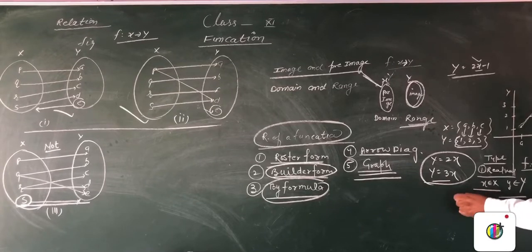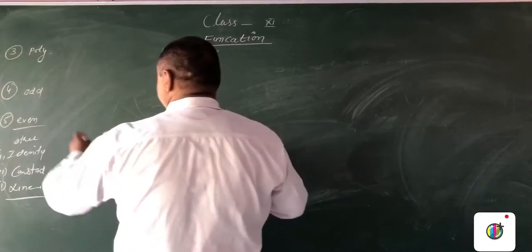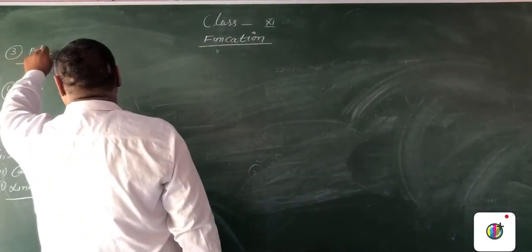Now second is the rational function. A function is said to be a rational function if it can be written in the form of P upon Q, where Q is not equal to 0. Third type is the polynomial function.